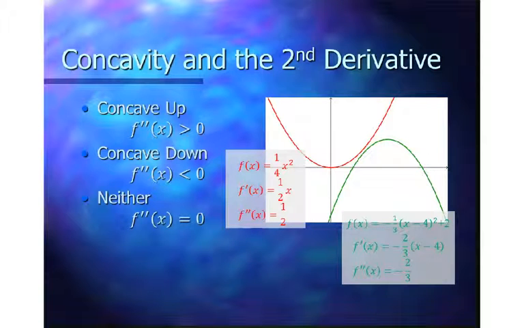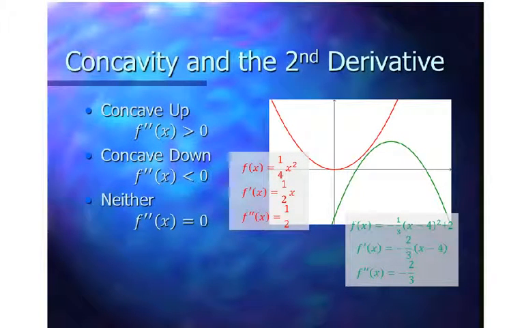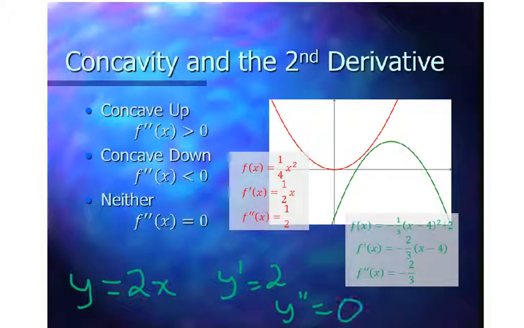Now, if we have a part of the graph where the second derivative is 0, for example, think about a line like y equals 2x. Of course, if we take the first derivative, we get 2, and the second derivative, of course, is 0.